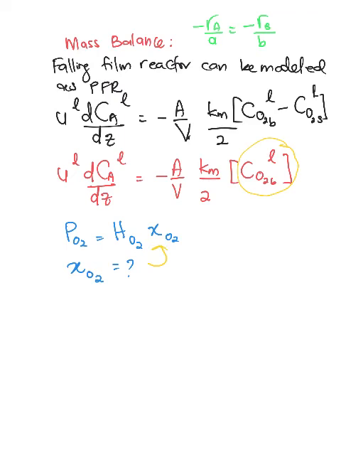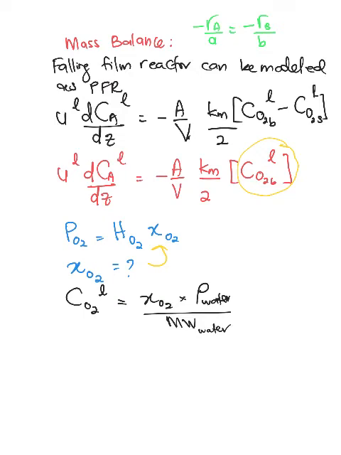Okay, next step is to calculate the concentration of oxygen in the liquid phase, equal to XO2 multiplied by the density of water, and because the question states that oxygen is in water, divide by the molecular weight of water.